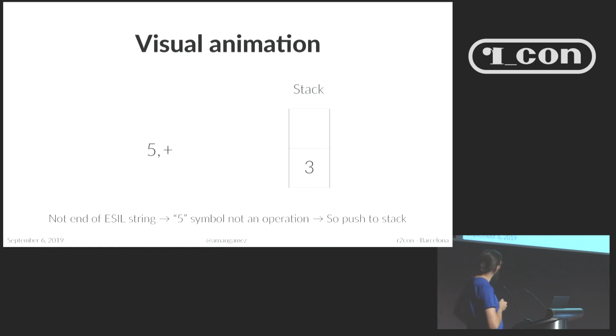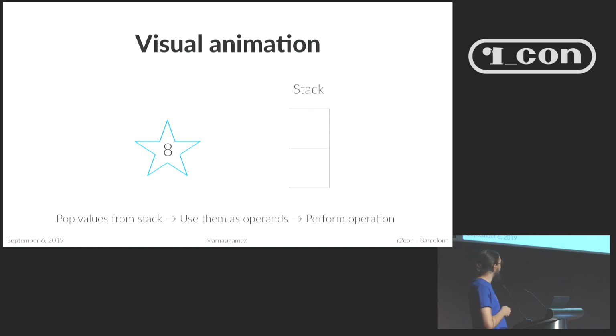Now we are again not at the end of the ESIL string, and the 5 symbol is again not an operation, so we push it to the stack. Here we are not at the end of the ESIL string, but the plus symbol is an operation, so what we do is pop the previously pushed values from the stack, use them as operands for the plus operation, perform the operation and get the result.